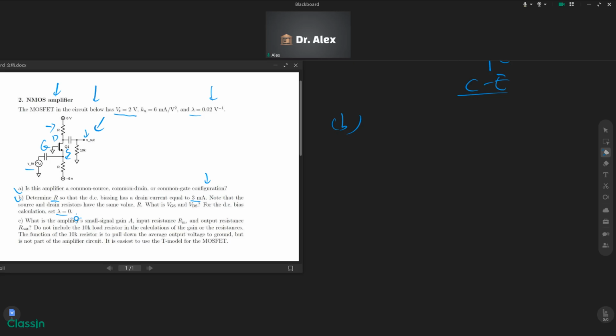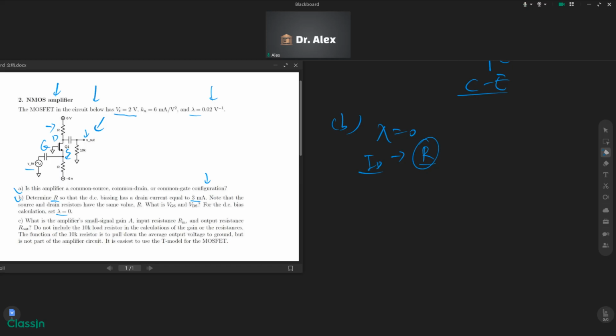Because lambda is 0, all the drain current ID will flow through the resistor R. So we know the current through R, and to get the value of R we just need to know the voltage across the resistor R. That's basically the idea.